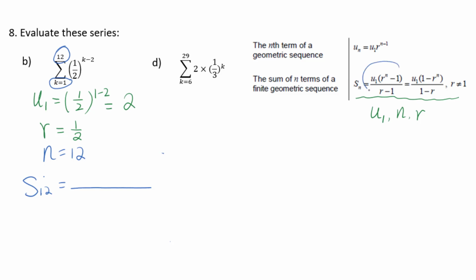Let's use the first formula. U sub 1 is 2 times 1 over 2 to the 12th power minus 1, over 1 over 2 minus 1.